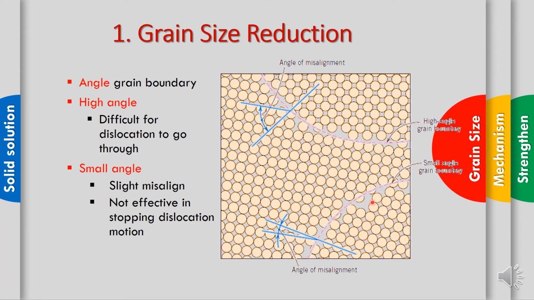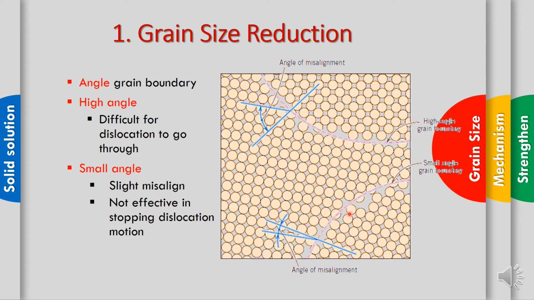It will produce a high angle of misalignment if you compare it to this angle through this line, and it will produce a high angle grain boundary.